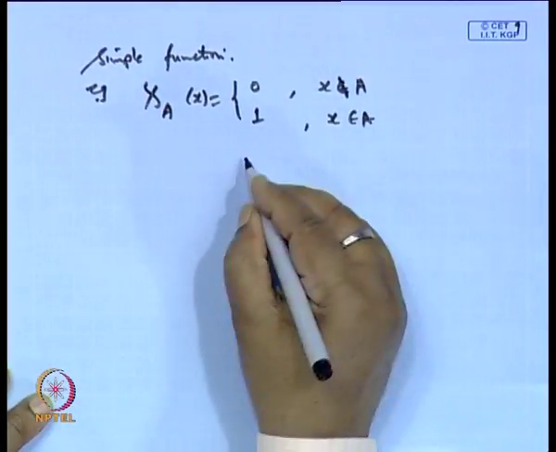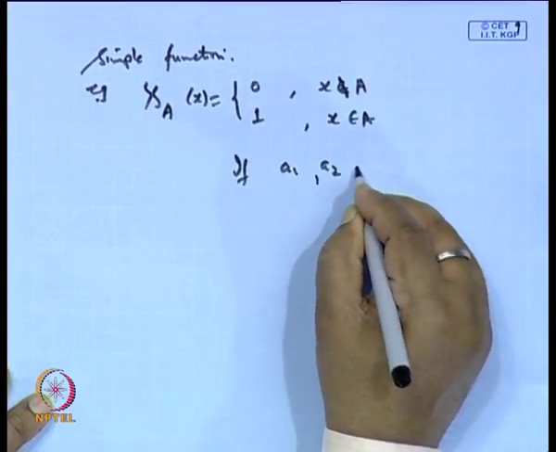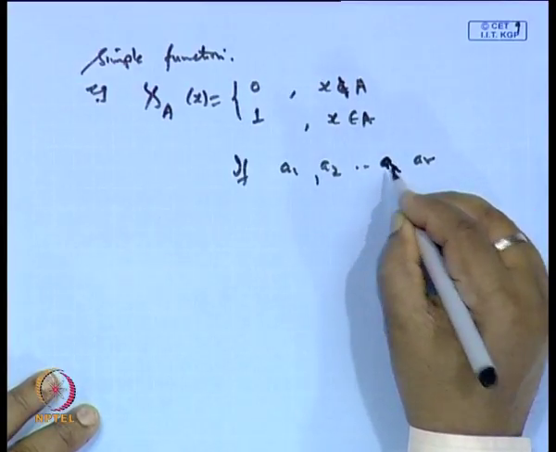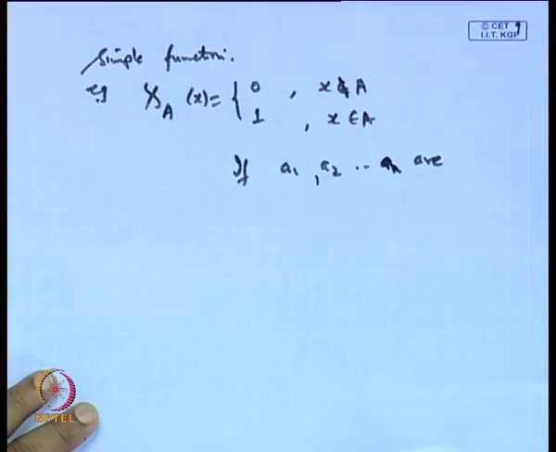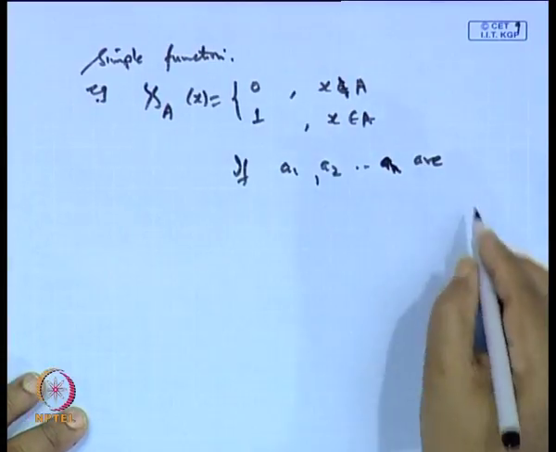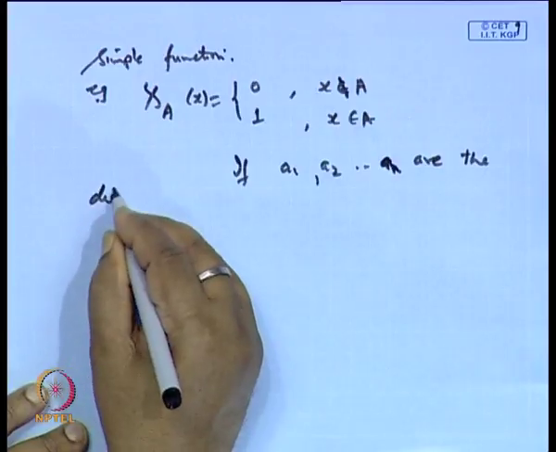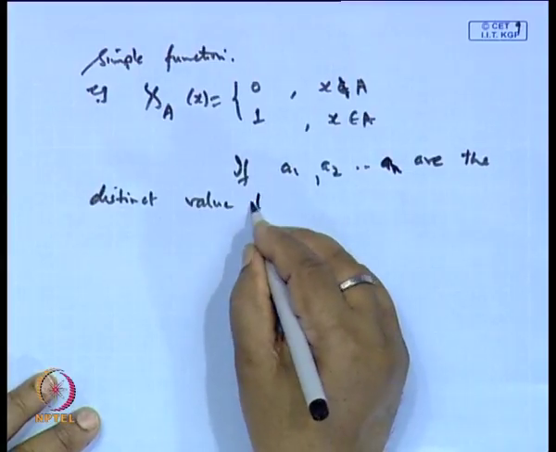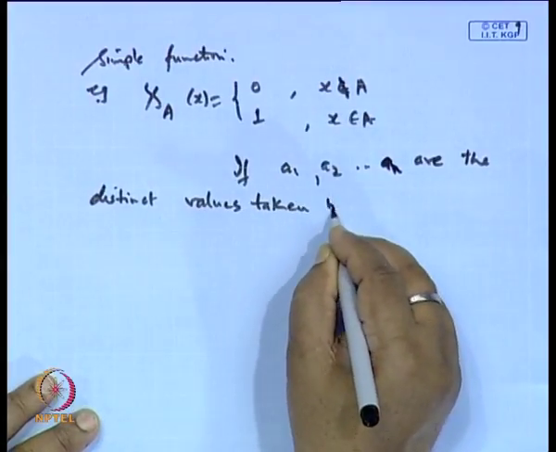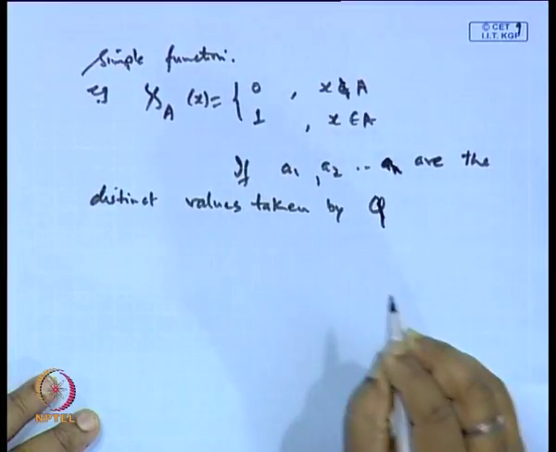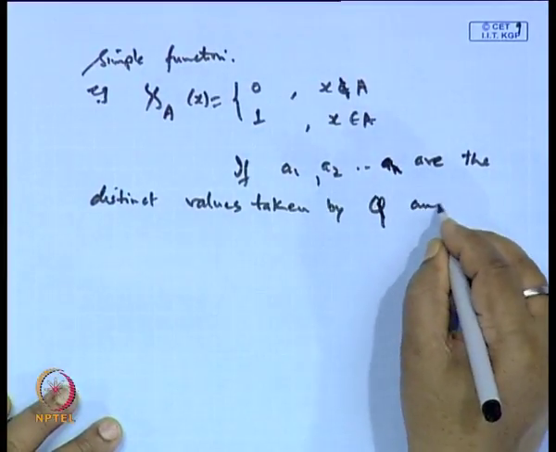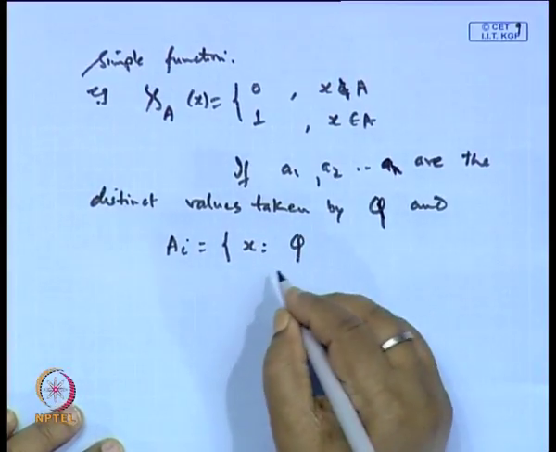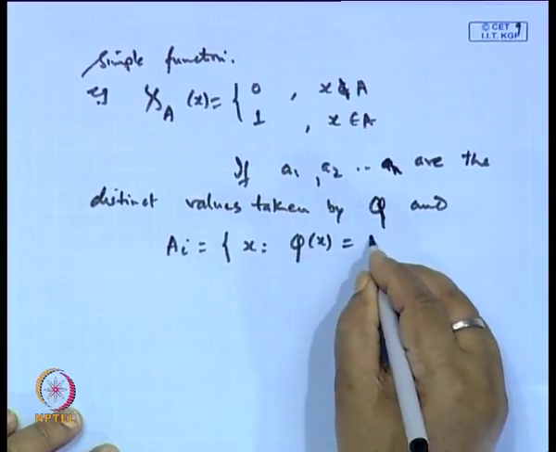Okay. So, in general, suppose a 1, a 2, a n are the distinct values taken by the function phi, and suppose A i is the set of those points where phi attains the value small a i.